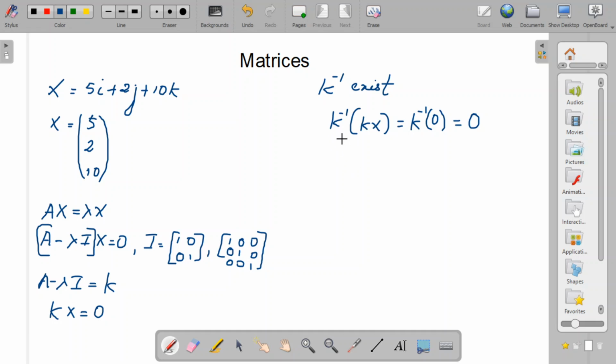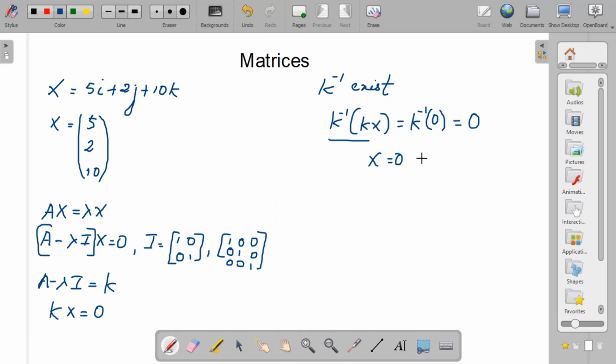And what is this K inverse into K? If I have an inverse of a matrix, then that matrix inverse multiplied by K is actually I, the identity matrix. So then I can write it as I into x, or I can simply write x equal to 0. So what does that mean?